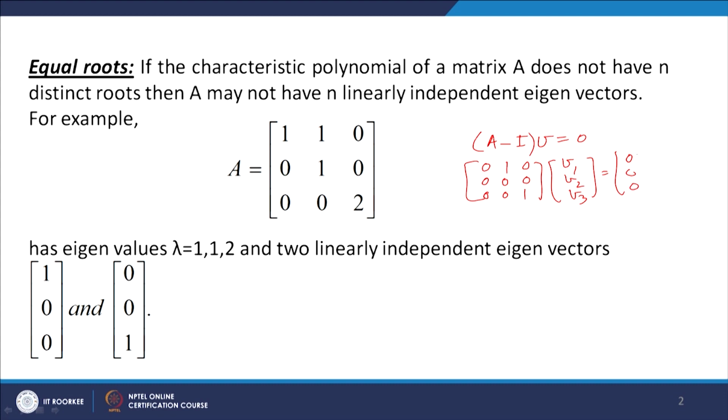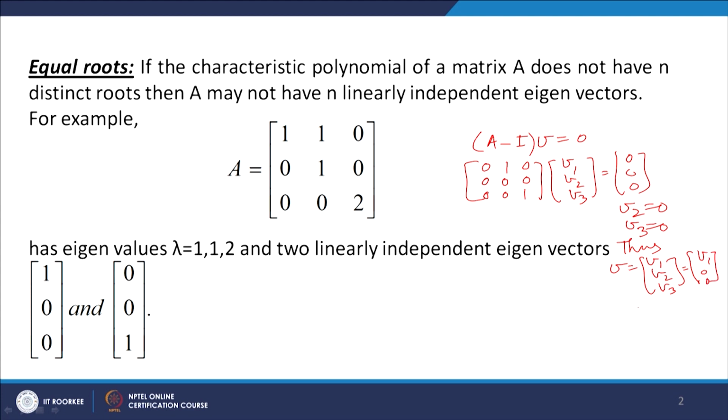So, B1 into 0, B2 into 1 plus B3 into 0 equal to 0. So, you get B2 equal to 0, the second equation is a zero equation, and the third equation gives you B3 equal to 0. Thus B equal to (B1, B2, B3) reduces to (B1, 0, 0).